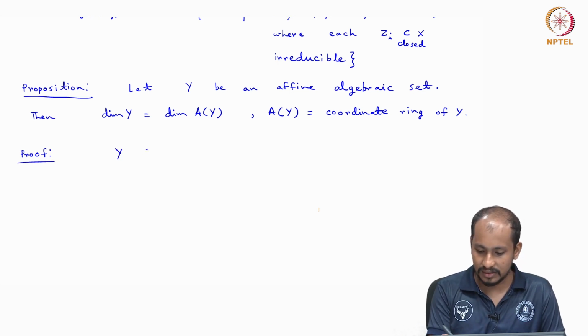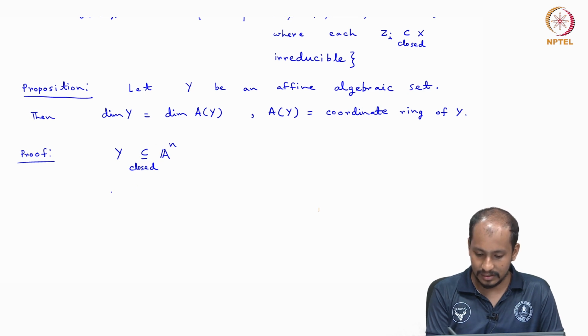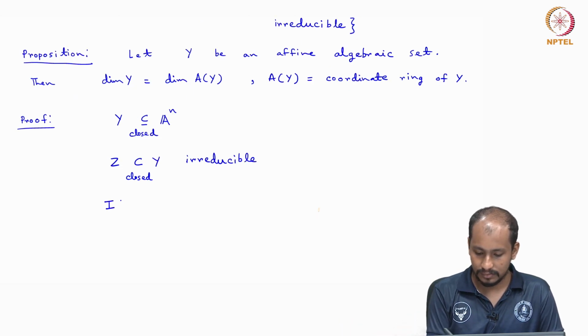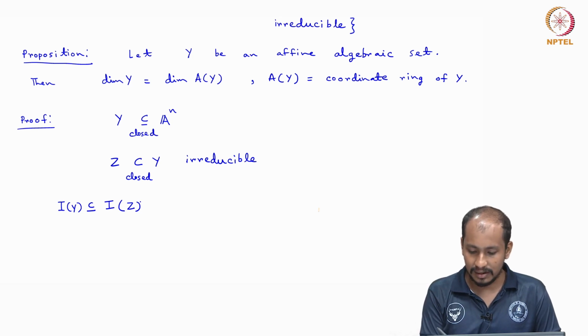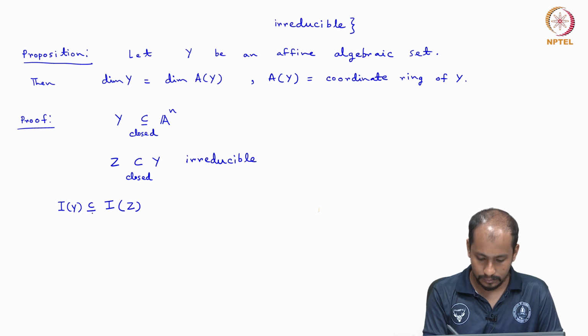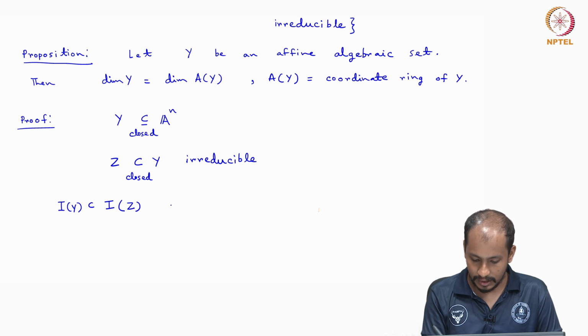Let Y be an affine algebraic set. So, we take Y inside A^n, affine n-space, as a closed subset. Suppose Z is a closed irreducible subset of Y. Then we know that the ideal I(Y) is contained in the ideal I(Z), and this I(Z) will be a prime ideal.